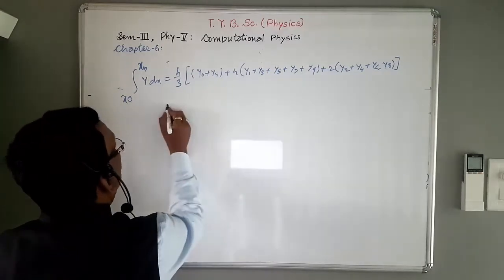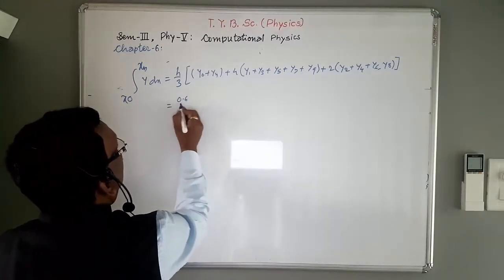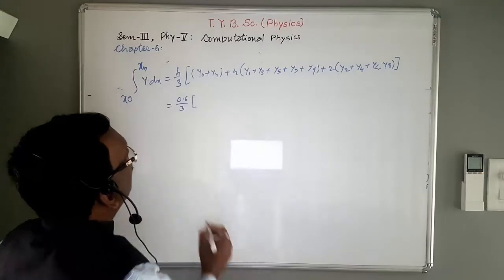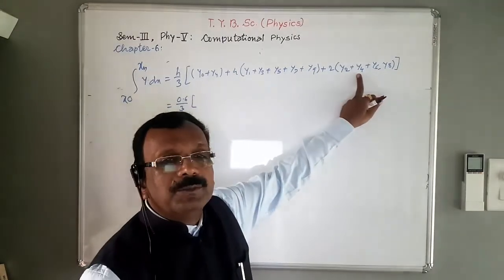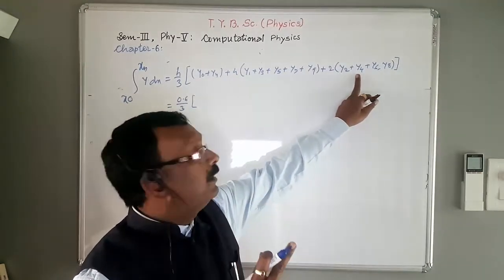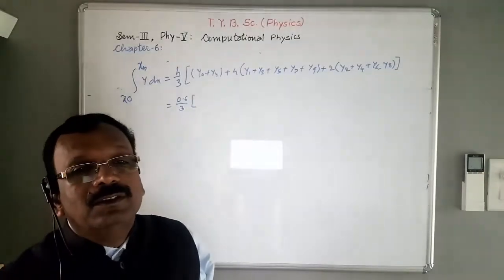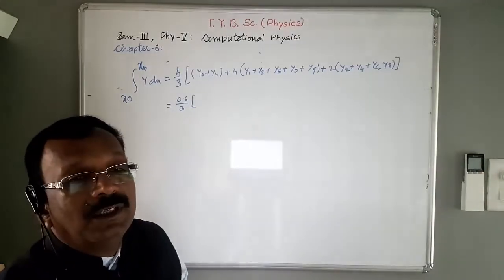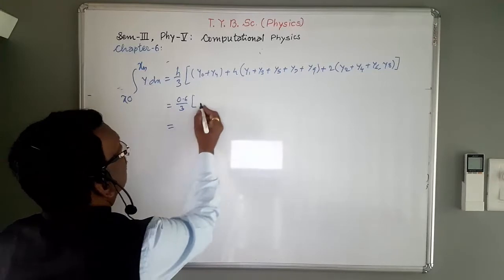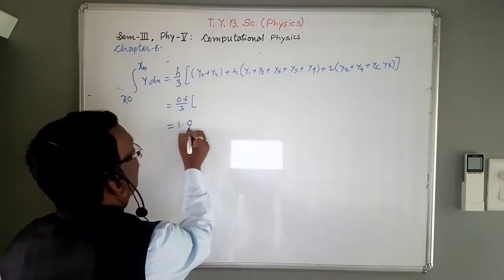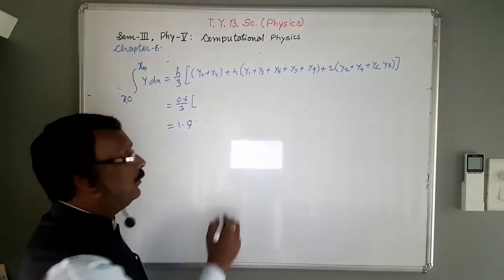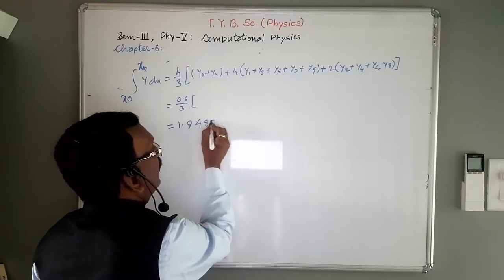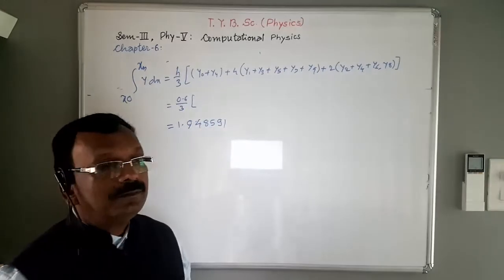Now just substitute the values. What is the value of h? 0.6 divided by 3. Then substitute all the values from the table and simply solve this term. You will get the result 1.948591.